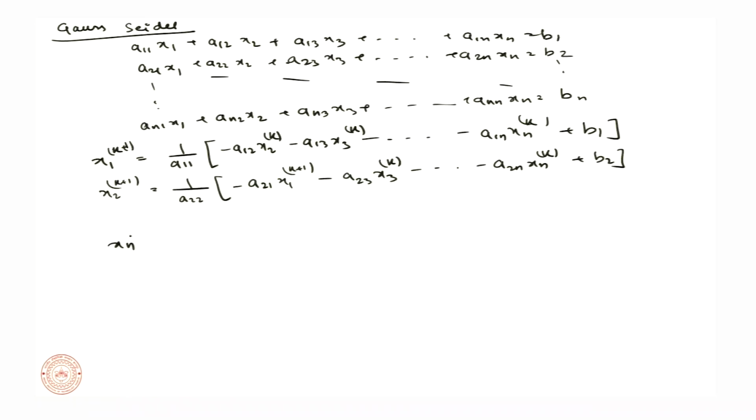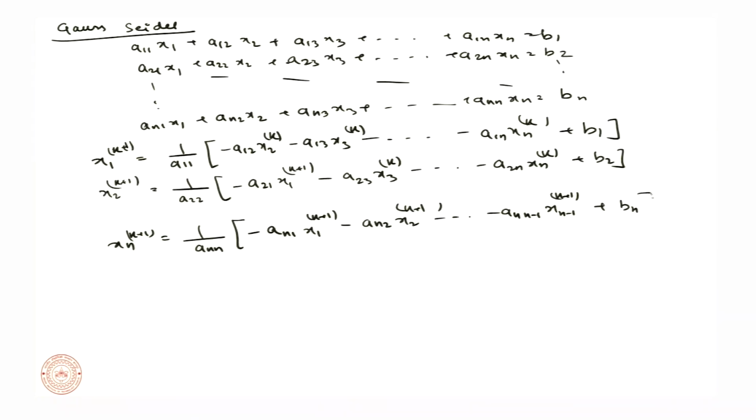For the last nth value, for the k plus 1, ann minus an1. Now we know all the above values: an1 x1 of k plus 1, an2 x2 of k plus 1, up to an n minus 1 x n minus 1 of k plus 1, the k plus 1th iteration, all plus bn.